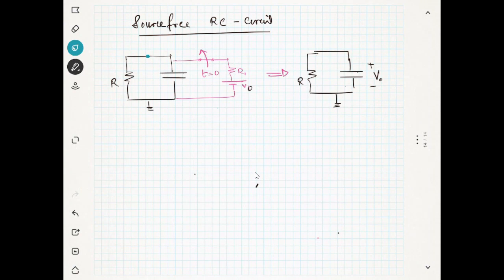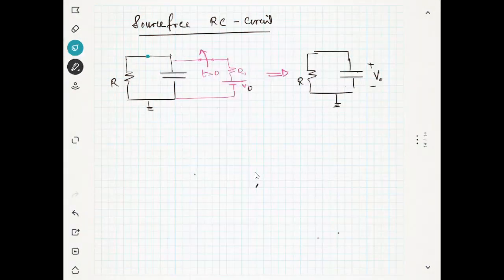You can sometimes see some spark because of the very high current. The resistance is 0, the current will be infinity. Yes, very high, and the capacitor will charge very fast. The time constant will be approximately 0. Because of that, a very high current flows through the battery, and sometimes your battery gets heated up. So for protection, we will always use a resistance in series with the battery. Okay, I hope it is clear to you.